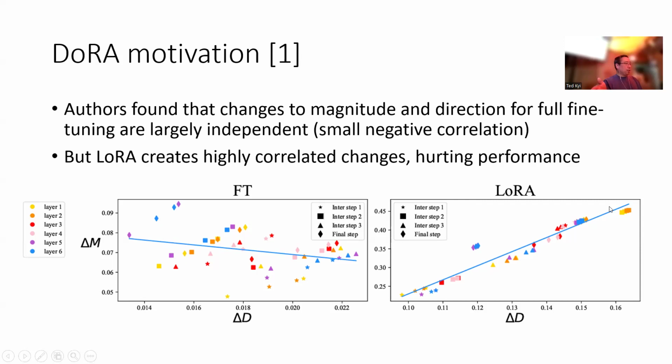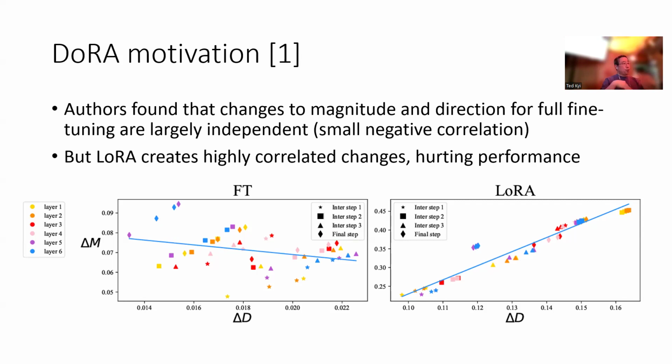People assumed that the gap between lower performance and full fine tuning was because you were using a low rank. And they're saying, aha, part of it is because you're using a low rank approximation. But actually, this phenomenon here means that you're getting hurt no matter what, even if the low rank approximation were super duper good.